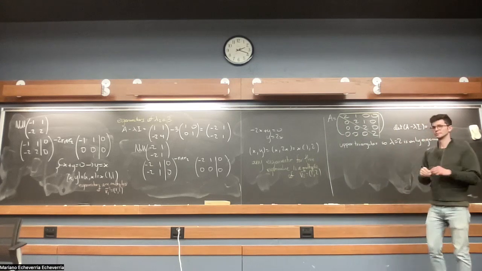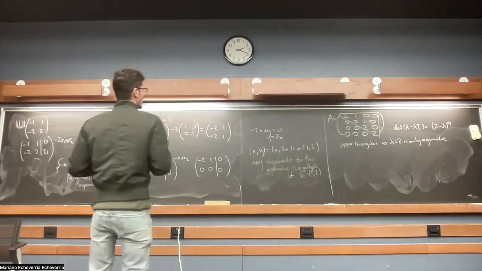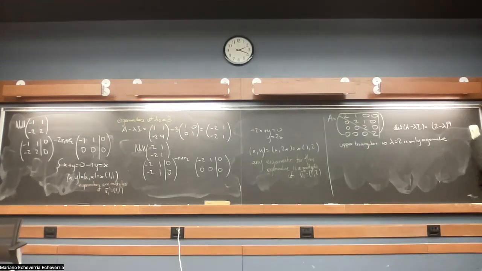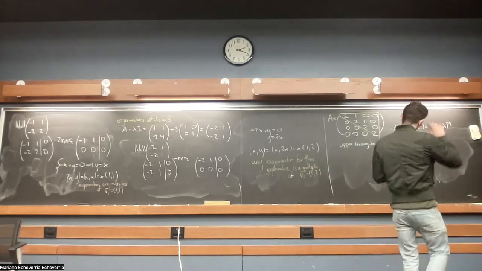Does that make sense? This is a case where it's easy to find the eigenvalues despite the matrix being big, just because of this upper triangular property. It's a useful property to keep in mind.